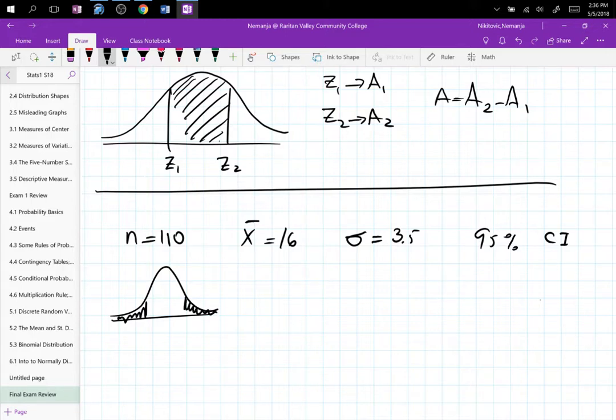I have this, and each one of these tails is 2.5%. So now you look at the z-score chart, right? Because the area is 2.5%.